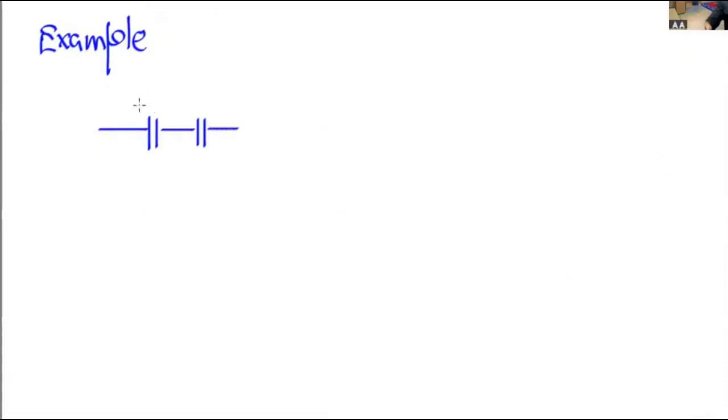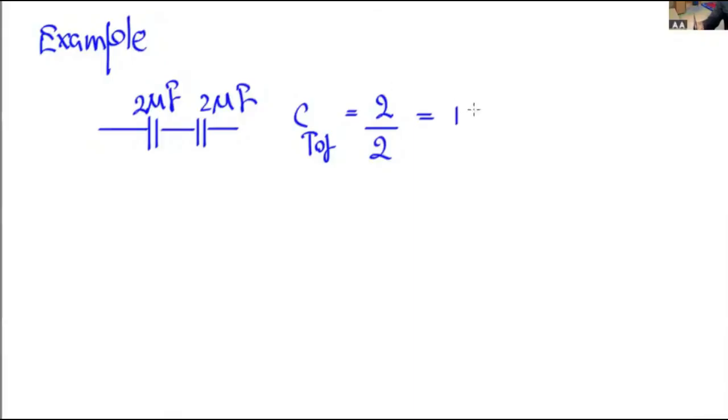Two identical capacitors, 2 microfarad each, are in series. Then the total capacitance: C total equals the capacitance of one capacitor, 2, divided by the number of capacitors, also 2. Then it should be 1 microfarad.